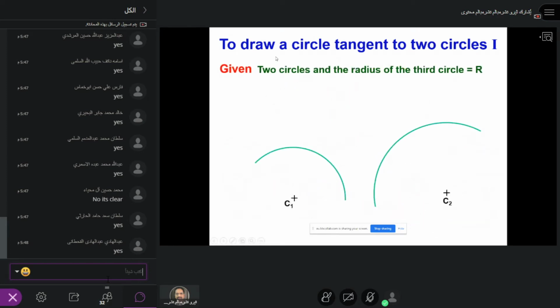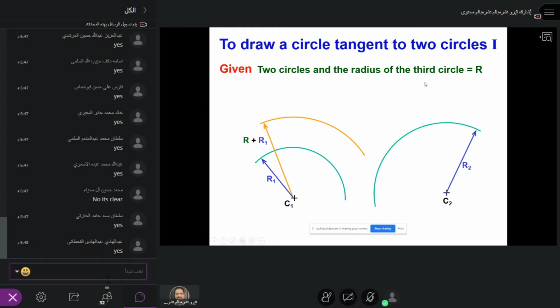To draw a circle tangent to two circles, where the radius of the third circle is r: first draw r1 and r2.